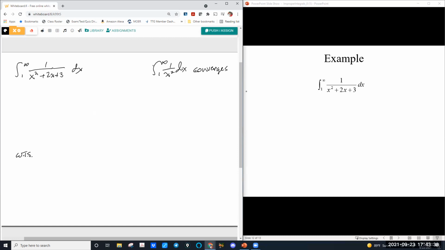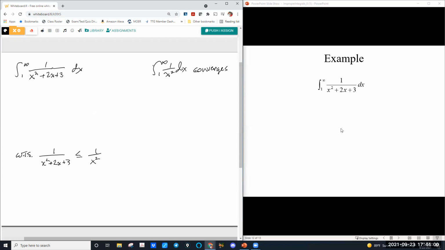Want to show, so that's WTS. What is it I want to show? Start with that. You don't need the integral signs for this. 1 over x squared plus 2x plus 3 is less than or equal to 1 over x squared.